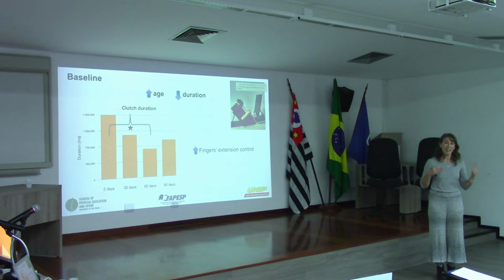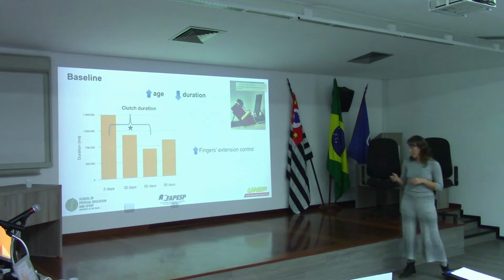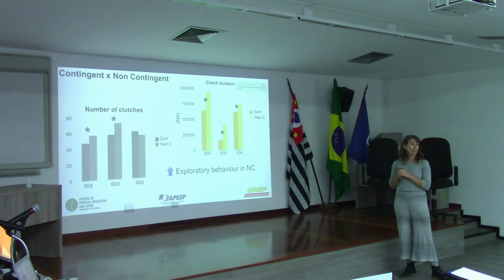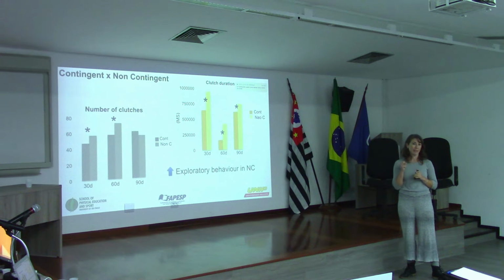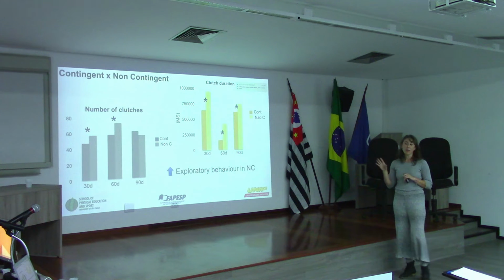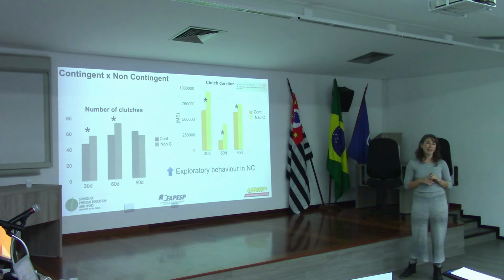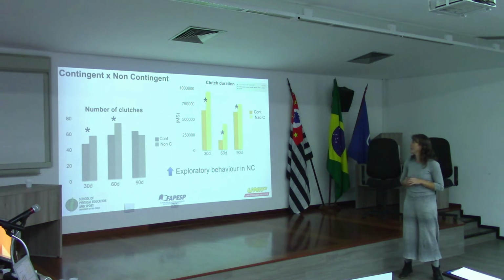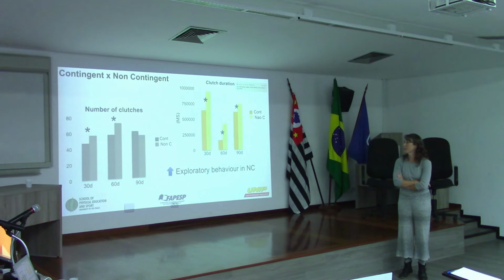So they can change even the duration of each behavior. All this before they are able to reach and grasp by themselves. They were not reaching and grasping objects when we had this experiment.